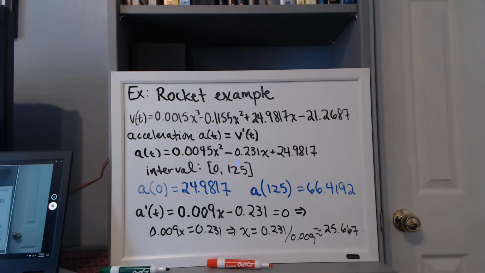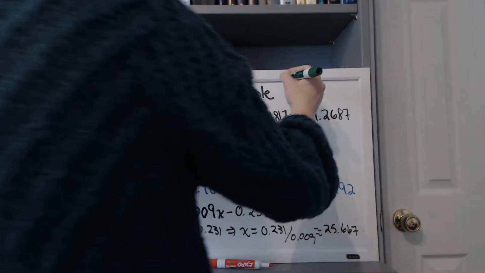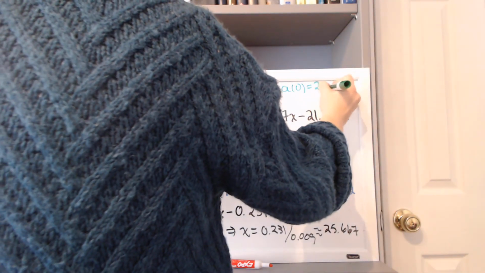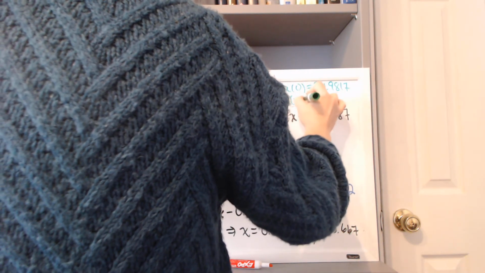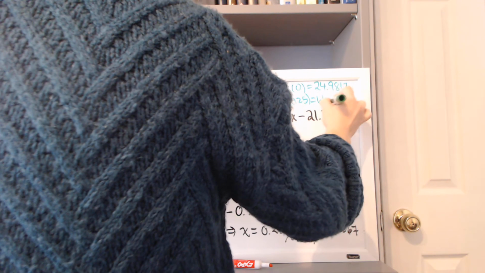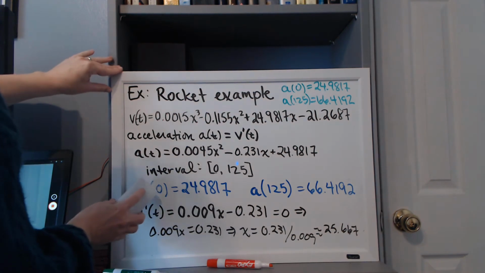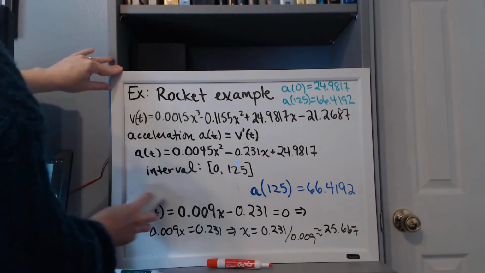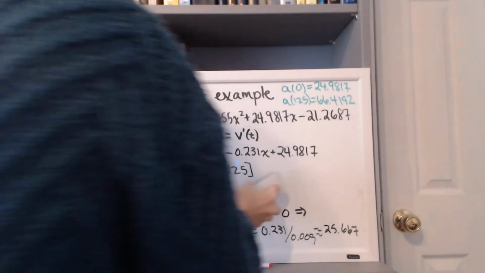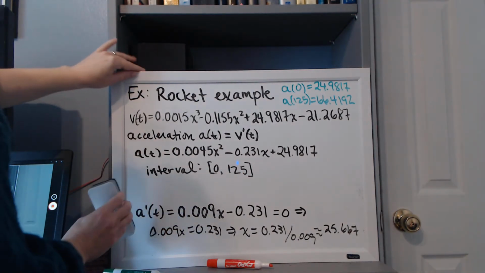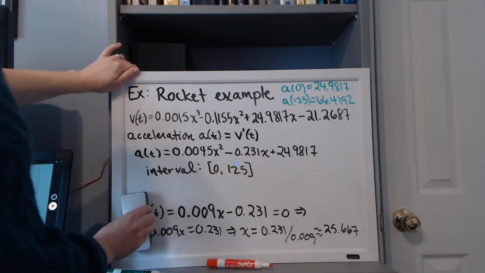Okay, so I need to erase. I'm going to save some of our values up here. A of 0 is 24.9817. A of 125 is 66.4192. And now I'm going to erase a little bit in here, because what we need to do is figure out the value of the function at our critical value, and that's the last bit we need to do.